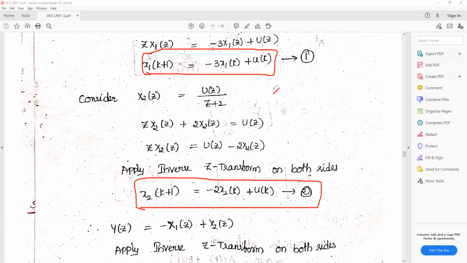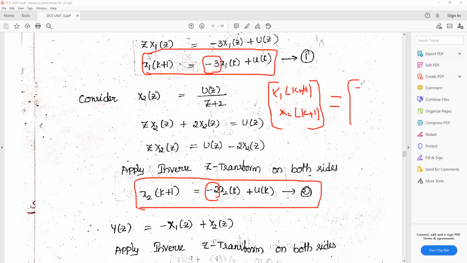So construct the state model, state equation: X1 of k plus 1, X2 of k plus 1 is equal to, so X1 coefficient is minus 3, X2 coefficient is minus 2.